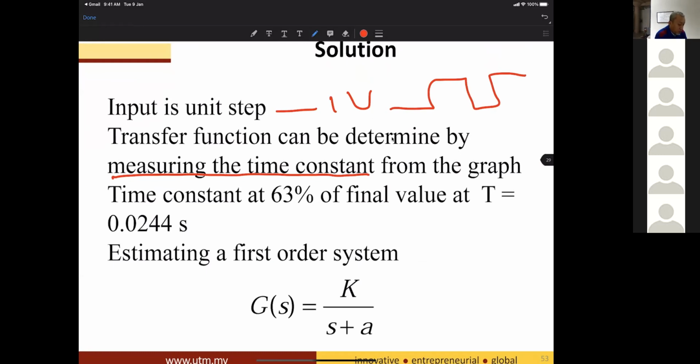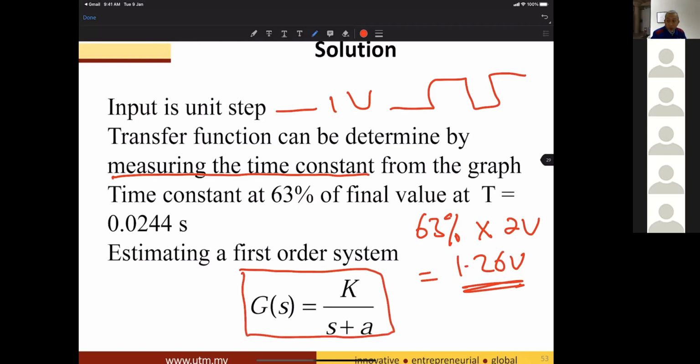So 63% multiplied by 2 volts, which is equal to berapa? Can somebody help me? 63 over 100 multiplied by 2. 1.26. 1.26 volt.